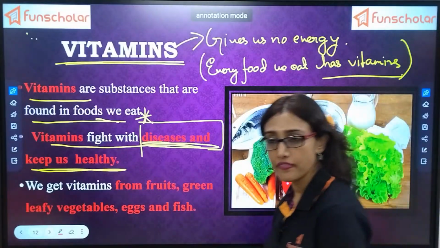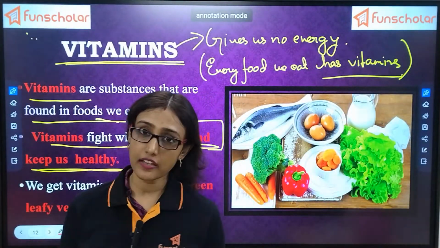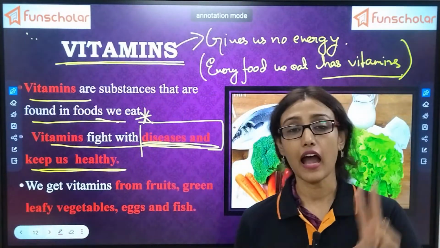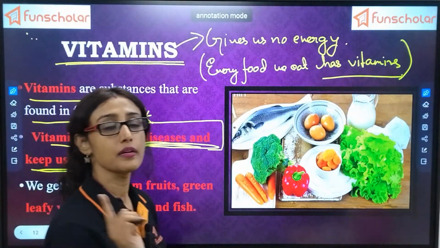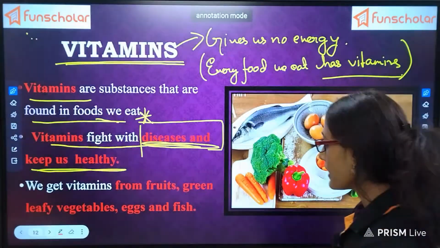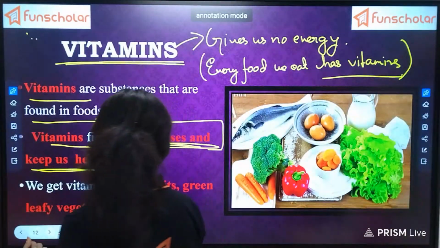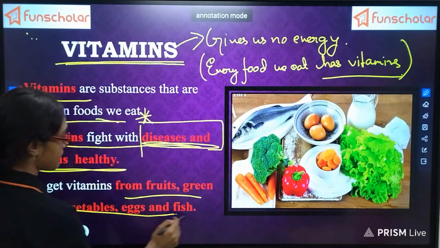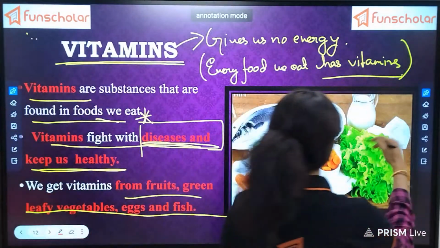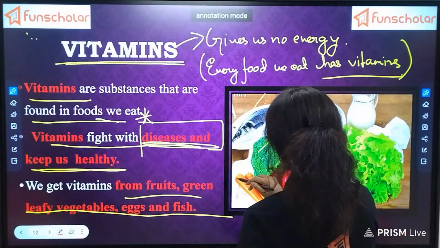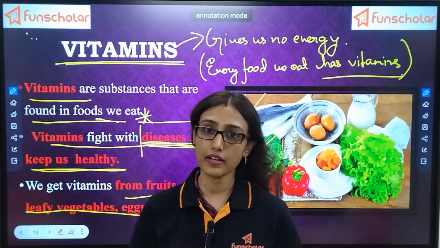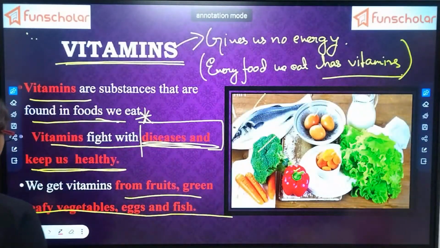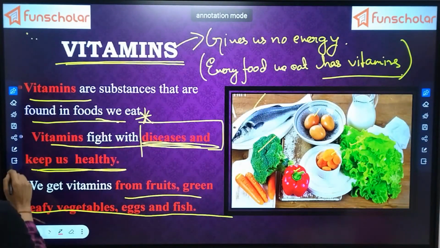The answer will be fat. Which is energy giving nutrient? That is carbohydrate. What is body building nutrient? That is protein. Okay, so vitamins we get from fruits, vegetables, egg, fish, meat. Everything we eat has some or other kinds of vitamins, and vitamins are of several types. Okay, we'll know about that later on.